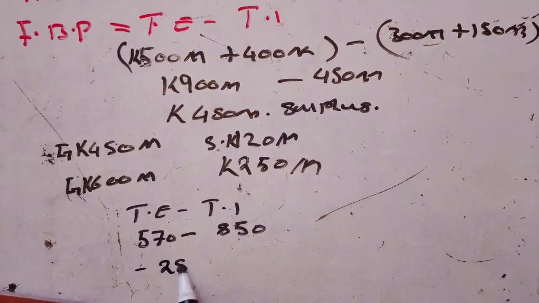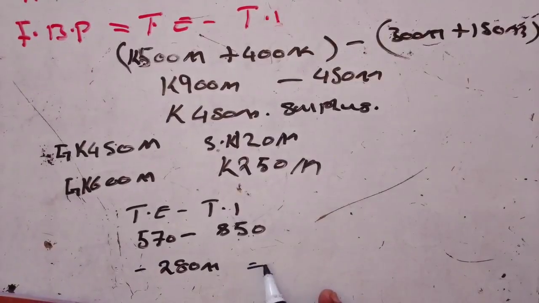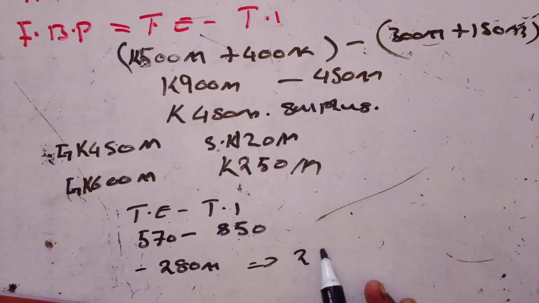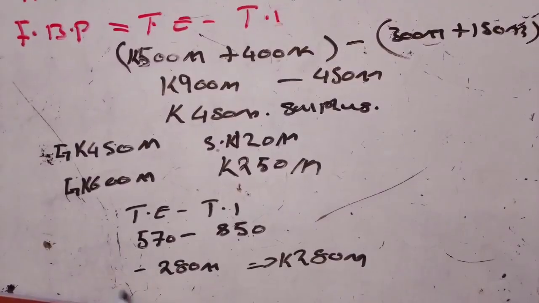Okay, so since this is money, we can consider it as 280 million kwacha. Since our surplus is in negative form, we can say that there is an unfavorable balance of payment.